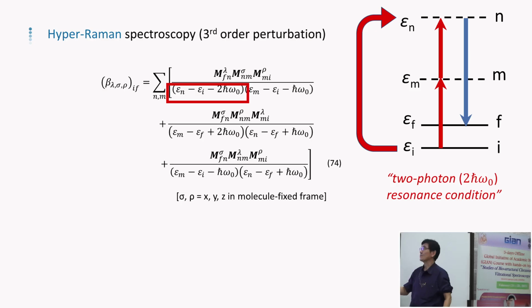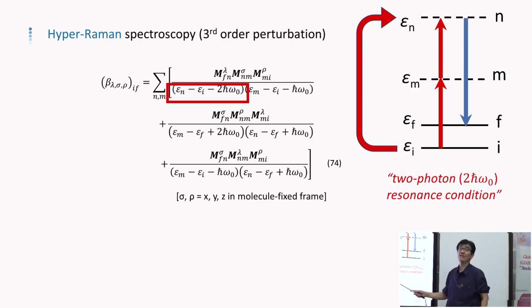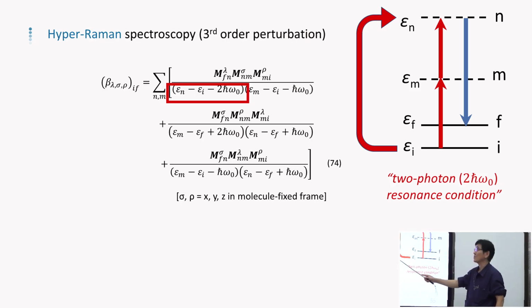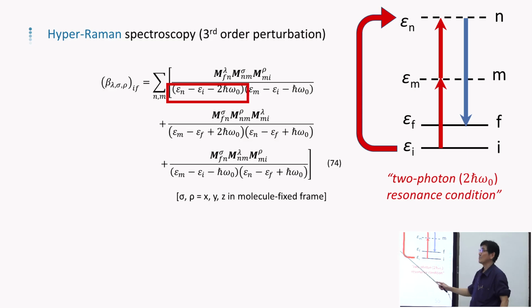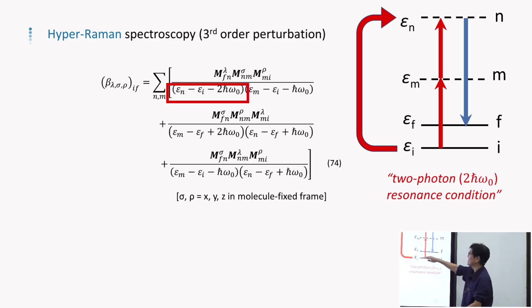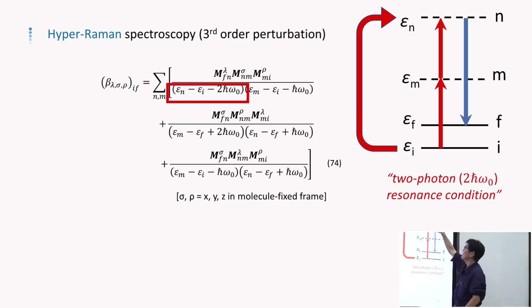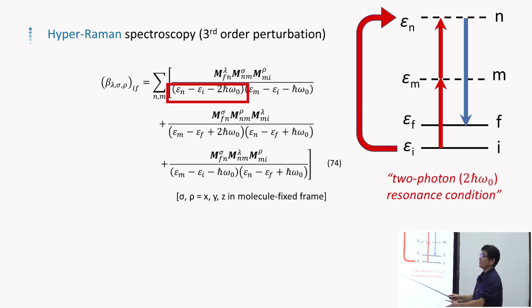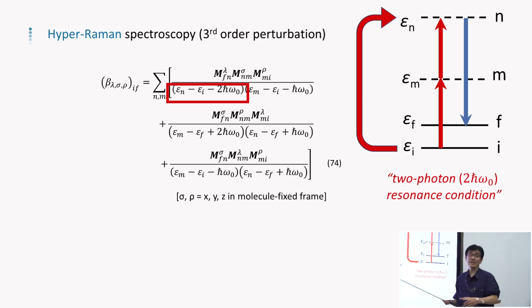The resonance condition is a little bit different from Raman scattering because it consists of two terms. When twice the excitation beam energy matches the energy spacing between I and N, initial and N state, the two-photon resonance reaches the real state. Then hyper-Raman scattering becomes huge.